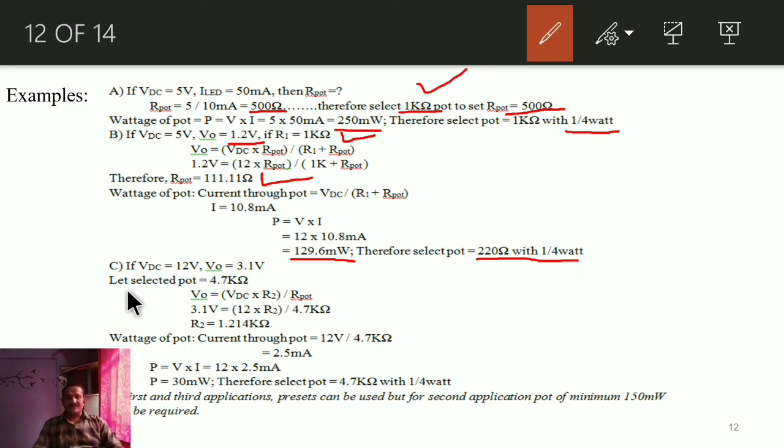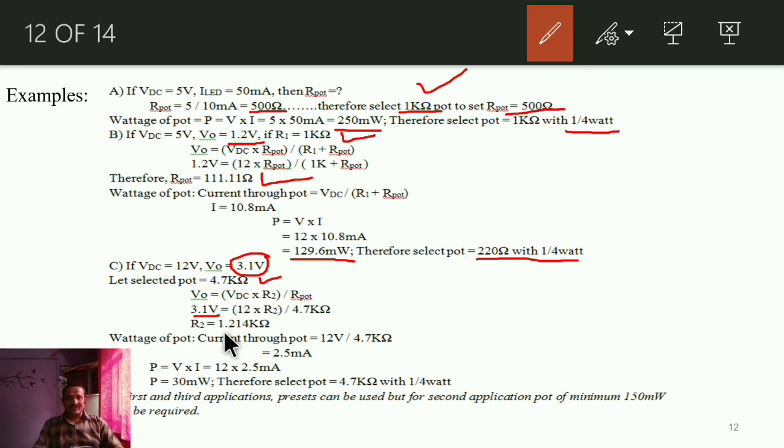Third case: if VDC is 12 volt and the VO requirement is 3.1, by using a single potentiometer. If the selected pot is 4.7K, this is the consideration, right? That means R1 plus R2 equals 4.7K.